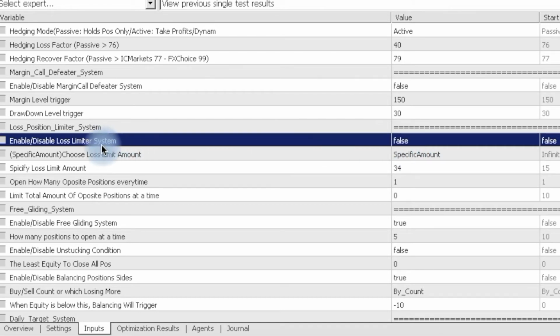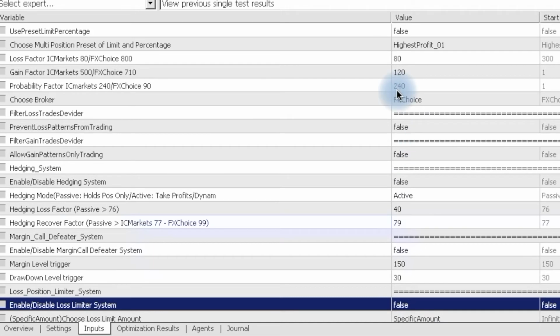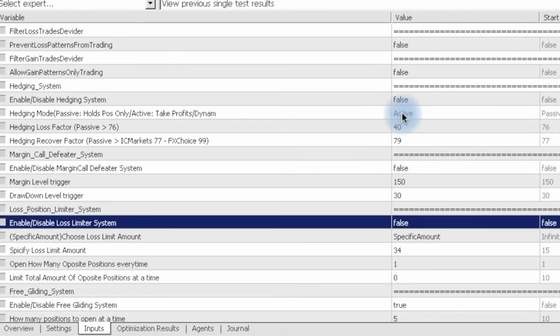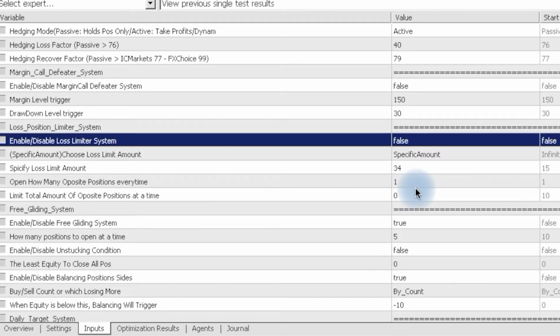So the next portion is the loss limiter system. Basically, if I have a position that's losing, and I don't want to use these two options, hedging or margin call, I want to just close the position and start fresh.